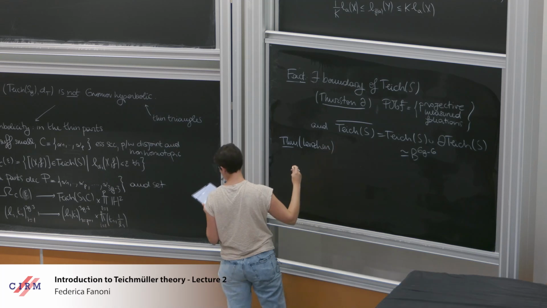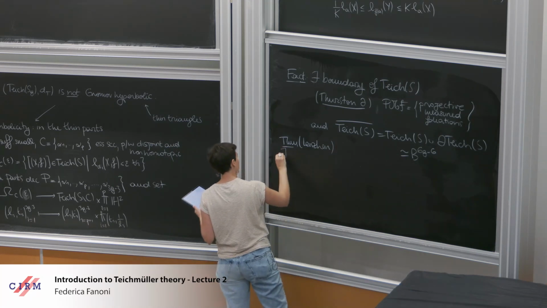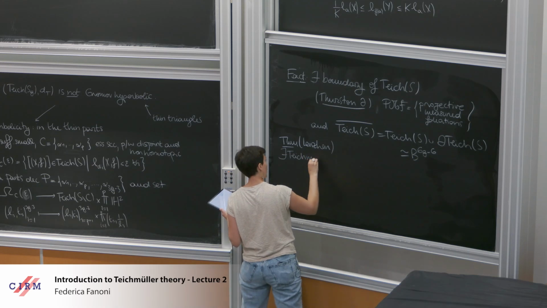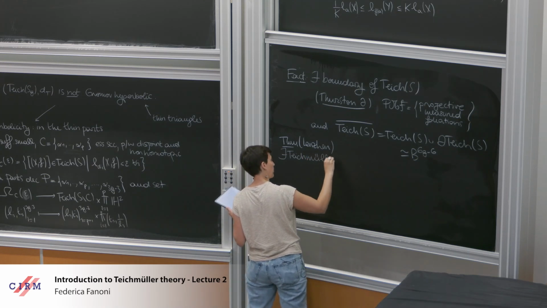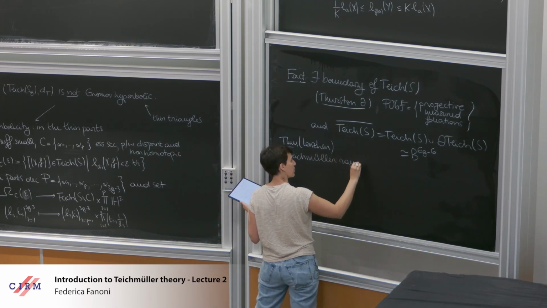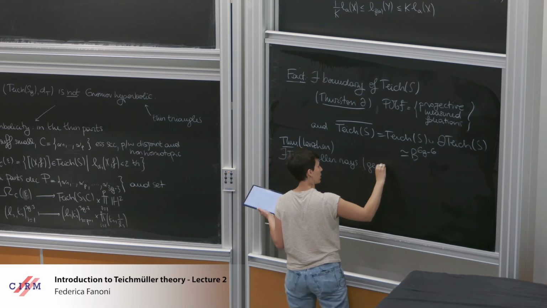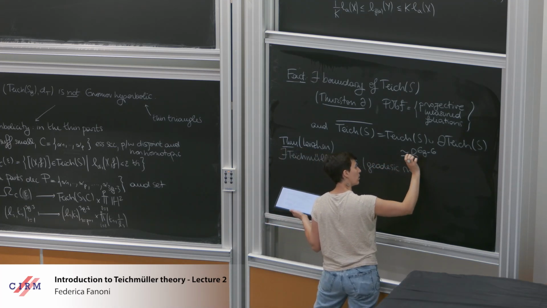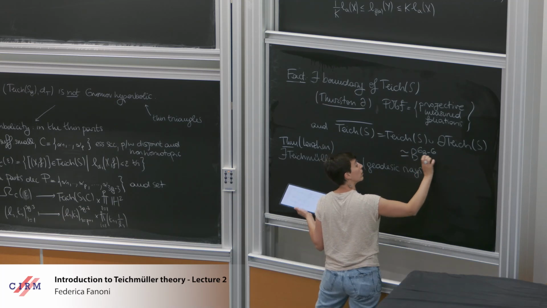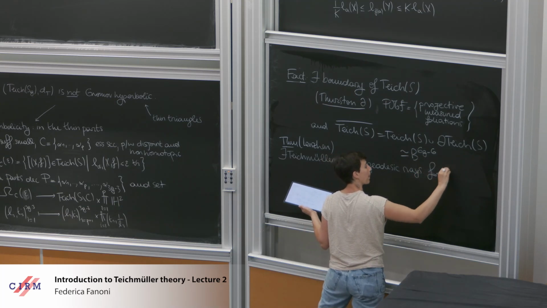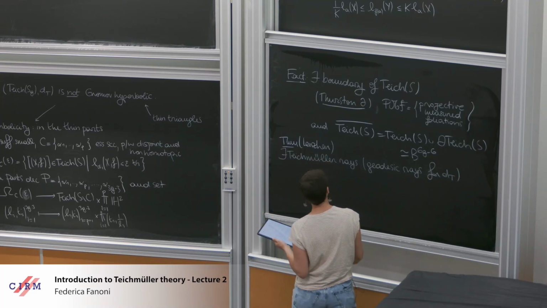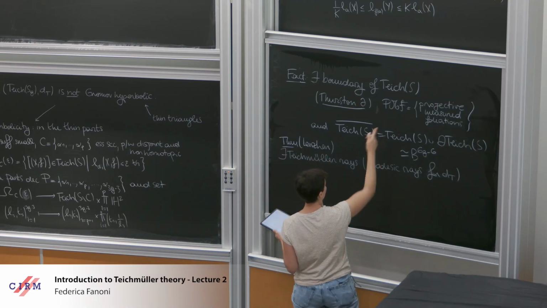It's a theorem of Lenzhen that there exist Teichmüller rays, so Teichmüller geodesic rays for d_T, which don't have a limit in this boundary.